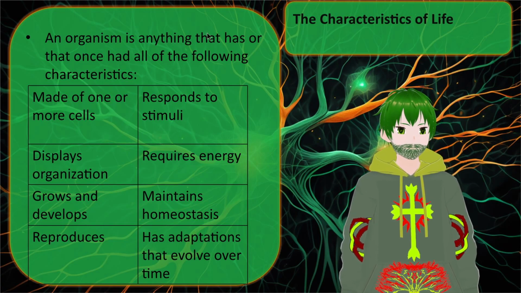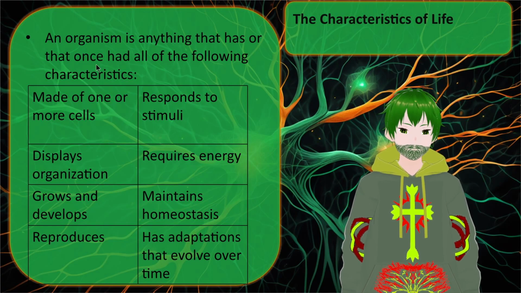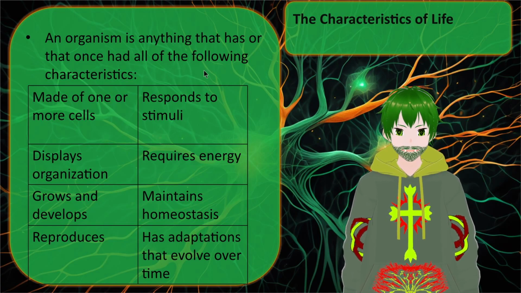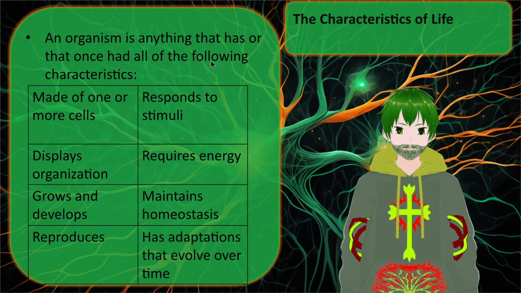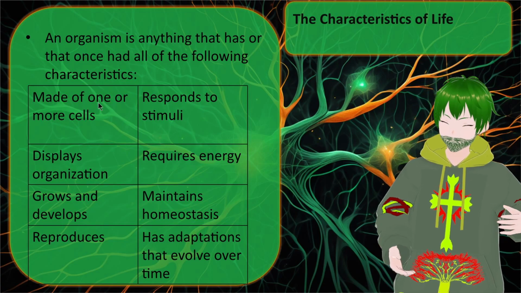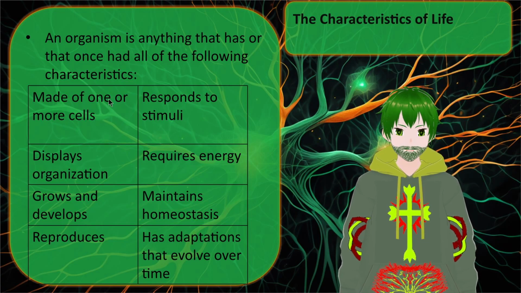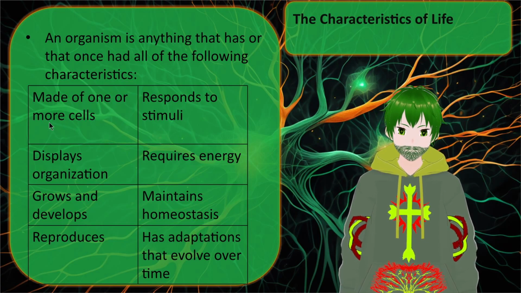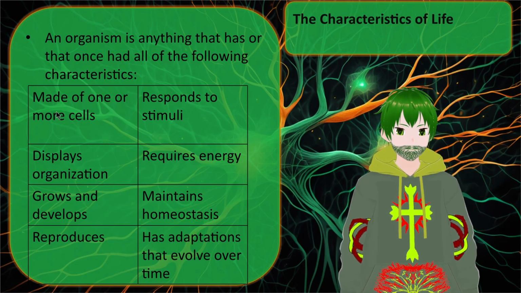Now, an organism is anything that has or has once had all of the following characteristics, because as an organism develops or gets older, some of these characteristics might change. So it's made of one or more cells. This is true with the exception of abiogenesis, the origin of the first cell, which we'll talk about.